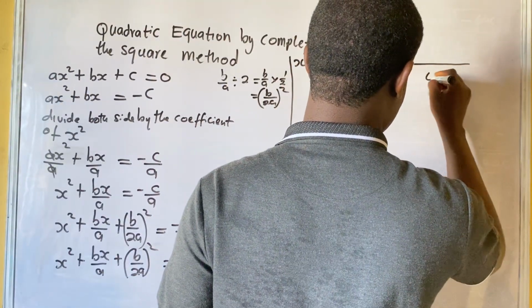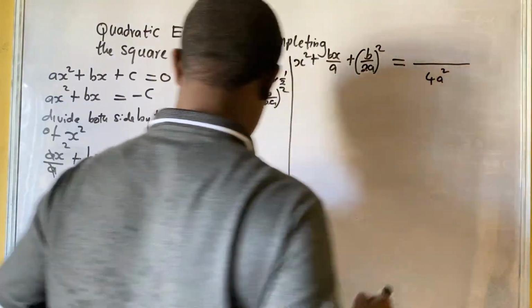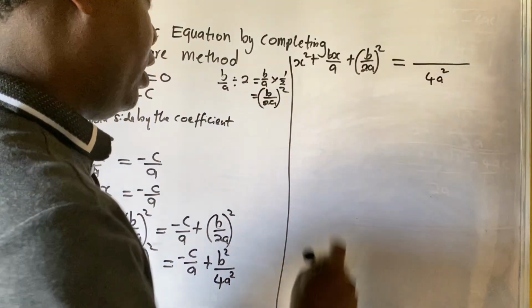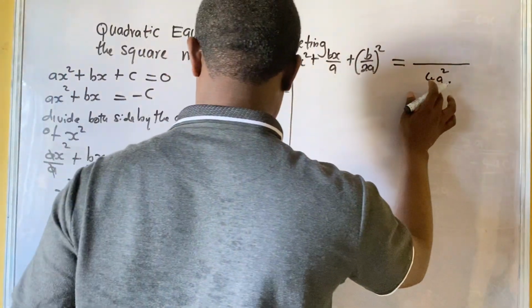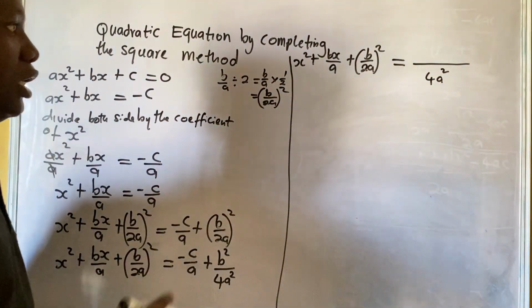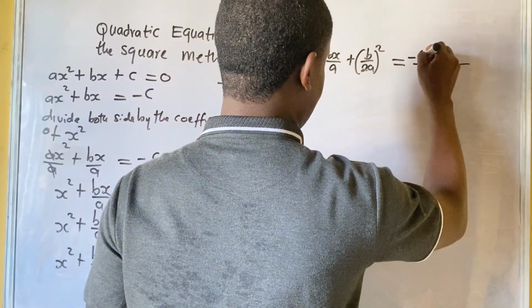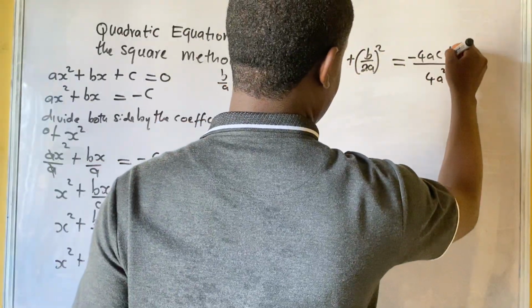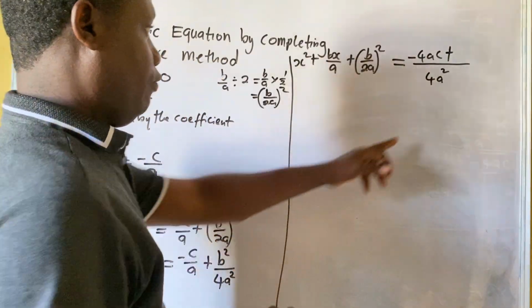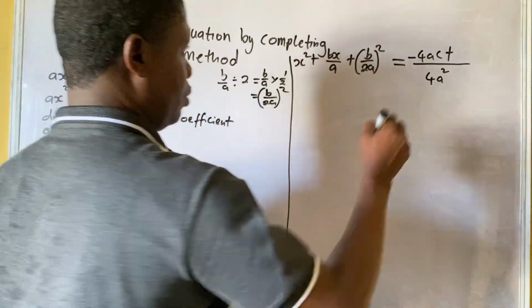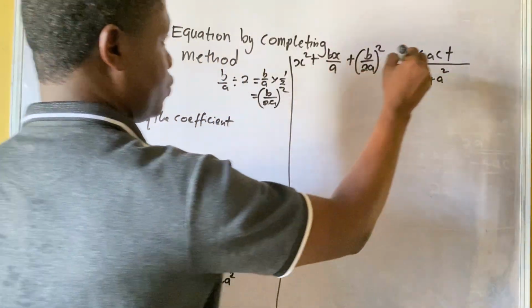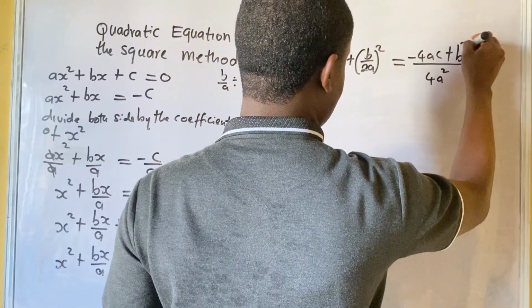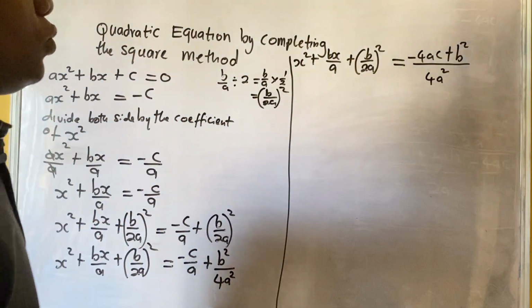So their LCM is what? 4a squared. So 4a squared divided by a, what will remain here is what? Is 4a times minus c. That will give us what? Minus 4ac. So we have plus, right? Plus, now 4a squared divided by 4a squared will give us 1. 1 times b squared will give us what? b squared. Okay? So let's continue.